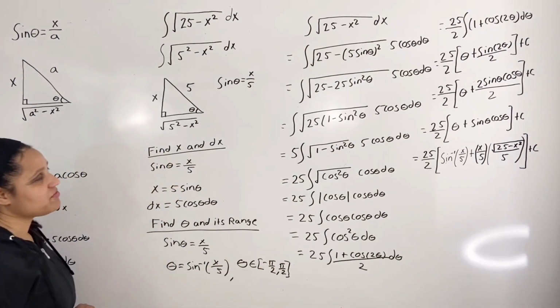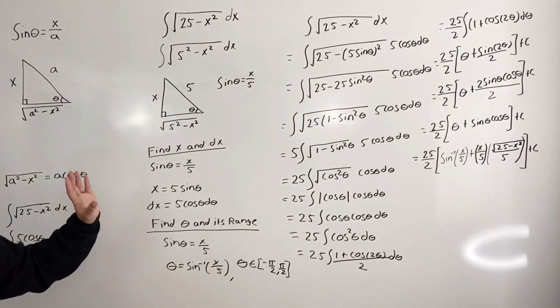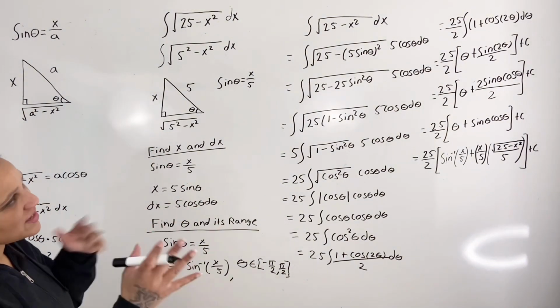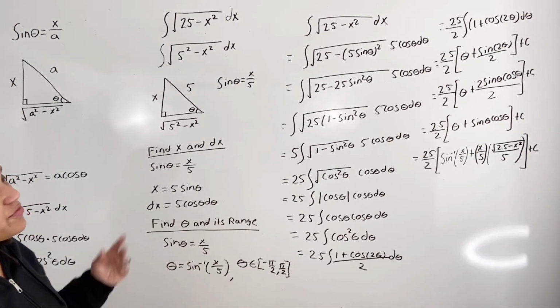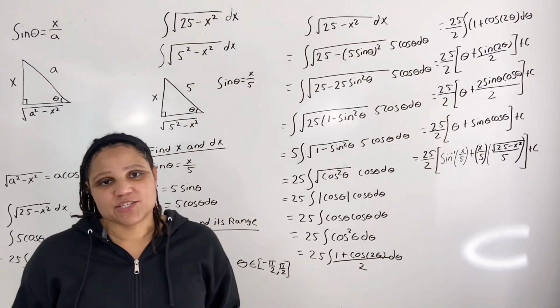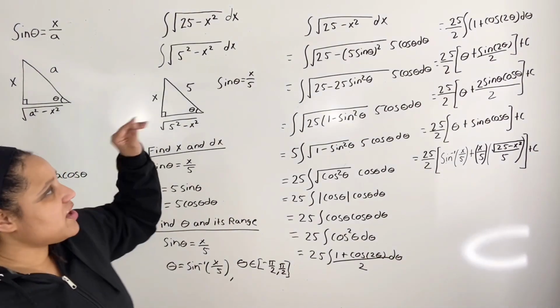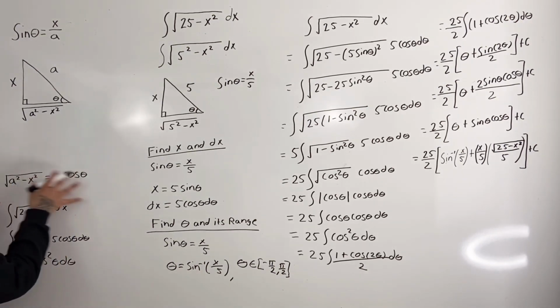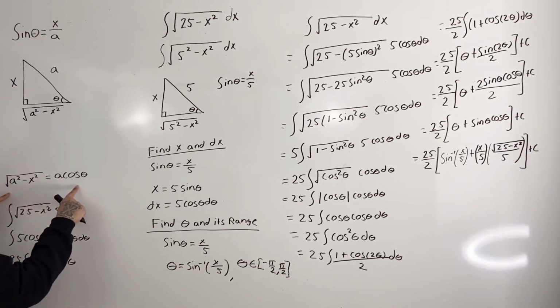But you have to be careful because it's not always going to be set up like the square root of a squared minus x squared. For example, it could just have a squared minus x squared. So if you just saw a squared minus x squared, then you have to be careful, because in order to make that equivalent, you would need to manipulate this equation.